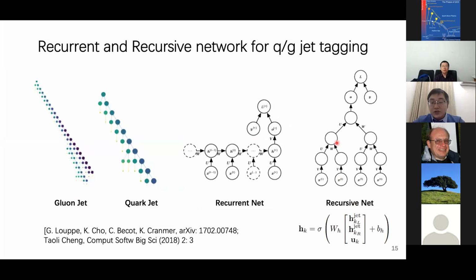Each node takes in the information of its left child and right child and the information of itself. This is the input to the network of each node. And this is the weight matrix W, and B is the bias. Sigma is the nonlinear activation function. So this network is shared among all the nodes. One can also take this as a convolution for different nodes.